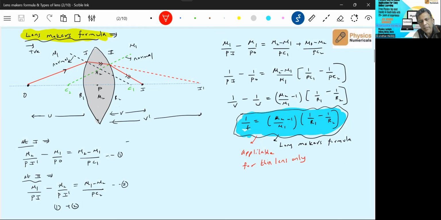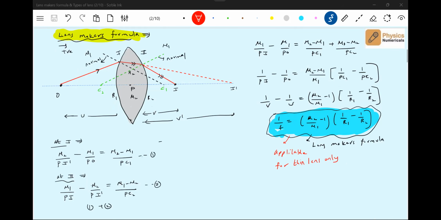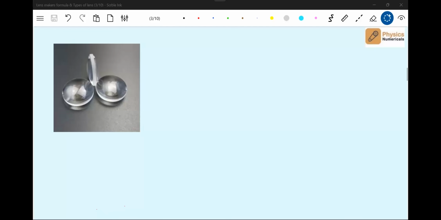Okay, I'll take out my video. Okay, now kids, the first lens will be a convex lens. It will be like a puri.